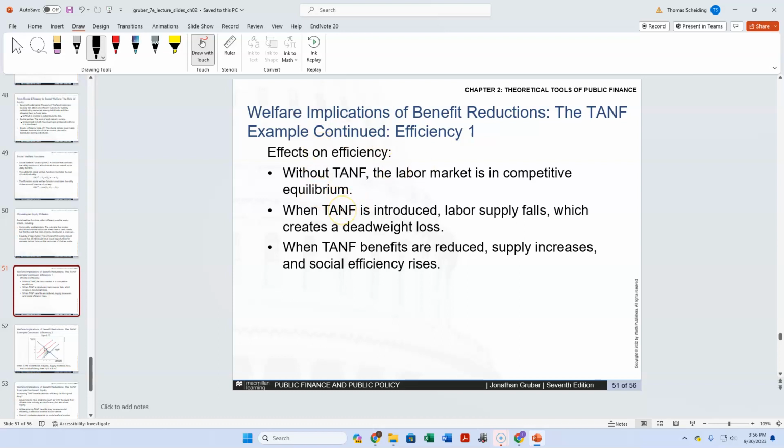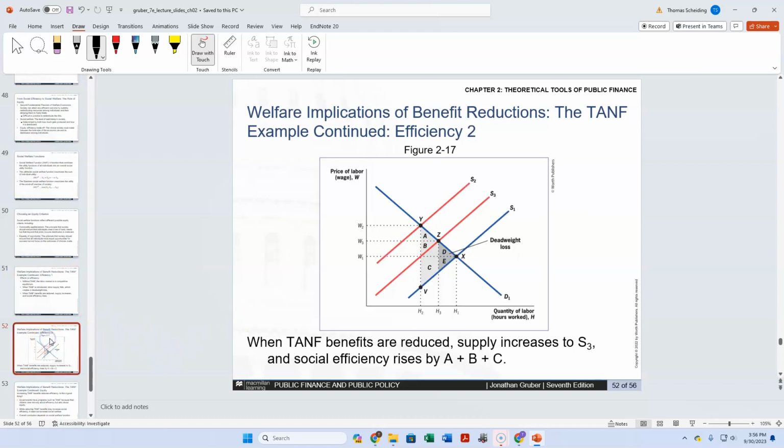When we do have TANF, the labor supply falls because people are able to consume more leisure. As a result, it creates deadweight loss. If we reduce the TANF benefits, people end up working more, so the supply is increasing, and the social efficiency rises. But we've got less leisure, which probably doesn't make the headlines as much.